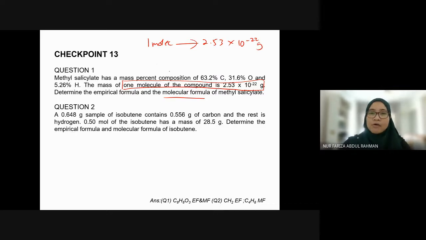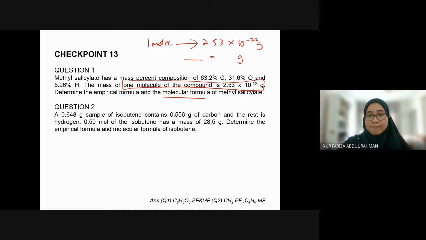So how can we use this in order to find the molar mass of the compound? The molar mass of the formula molecule ataupun molar mass of the compound is actually the same thing. You can imagine this would be your conversion factor here, and this will be your final answer.